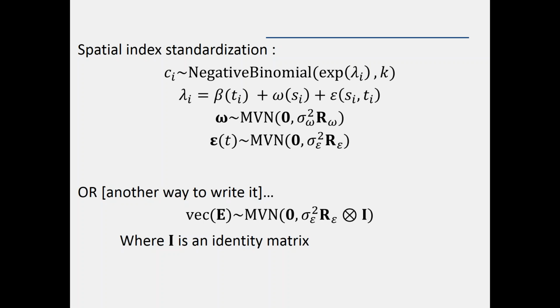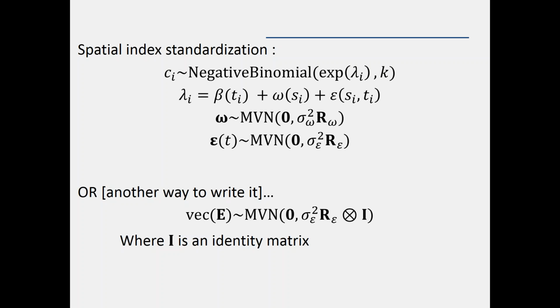Yeah, so epsilon sub t is a vector of that spatiotemporal random effect at every site in that year. And so if you think about all of the years combined, I'm going to describe it as a matrix with rows equal to the number of sites and columns the number of years.